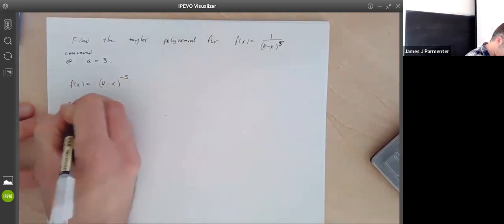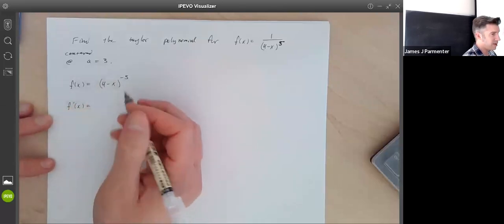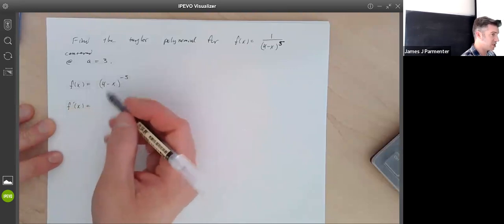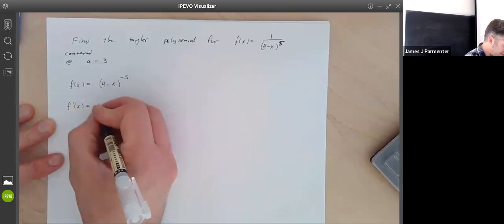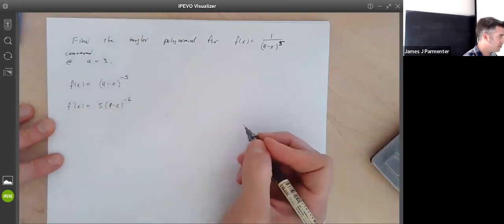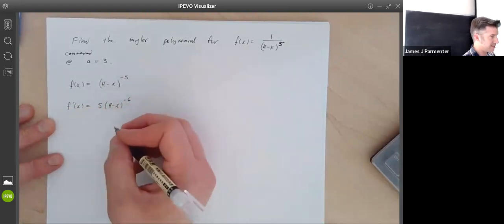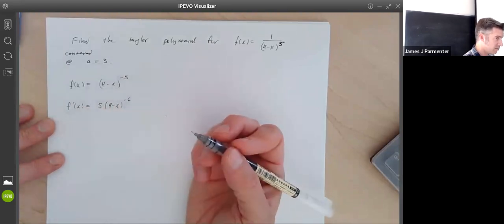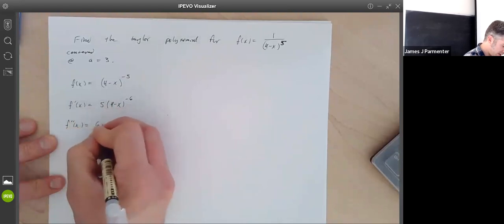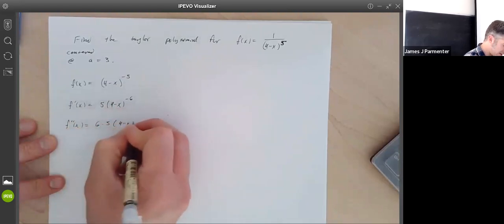The first derivative brings the negative power down, but we also multiply by negative 1 because of the chain rule, so it's 5 times (4 minus x) to the negative 6. Then the second derivative is 6 times 5 times (4 minus x) to the negative 7.